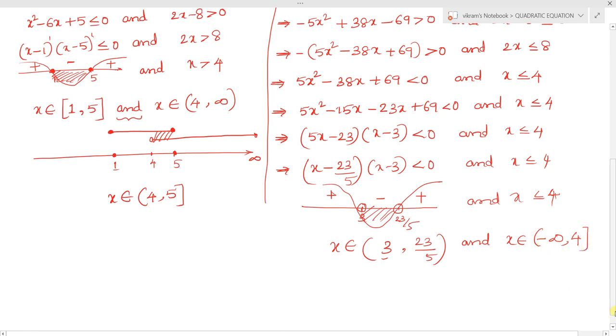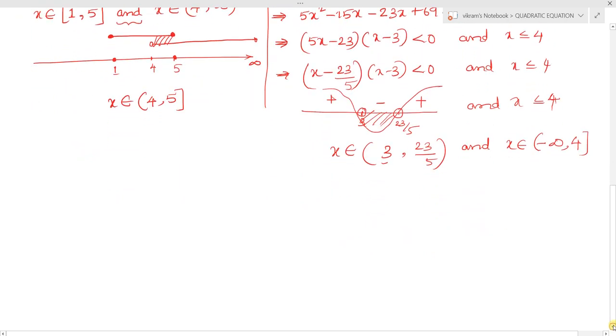Now, how do we find the result from these two on a real scale? We can write the real line from minus infinity to plus infinity, where one value is 3 and the other is 23/5, that is 4.6, approximately equal to 4.6.